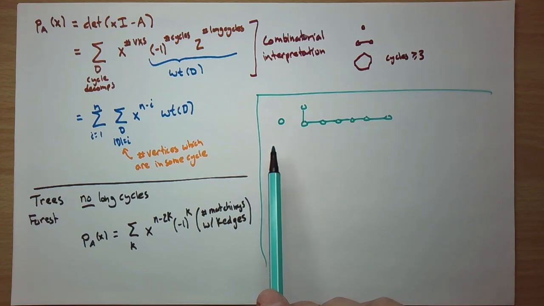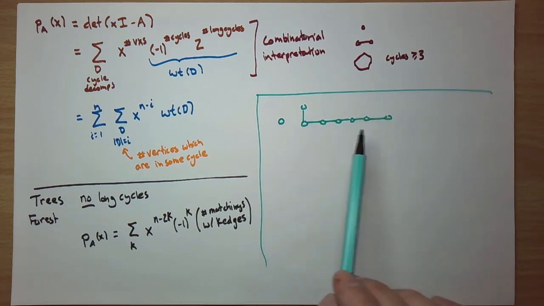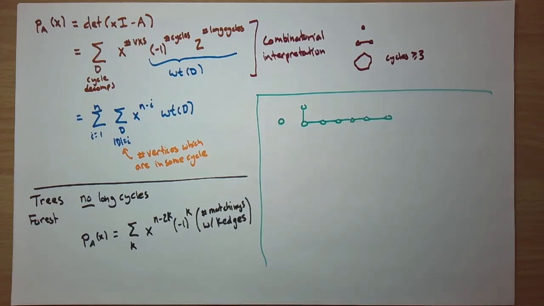Split it into the components? Yeah, you just say, look, I have a cycle decomposition on one side, I have a cycle decomposition on the other side, and never the twain shall meet. In other words, what choice you make for one doesn't affect the other. So the end result is it's the product. You just multiply the characteristic polynomials together. We won't need to do that here, but that's one thing that could happen.